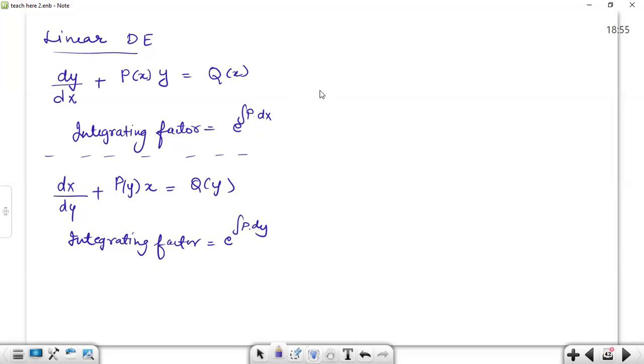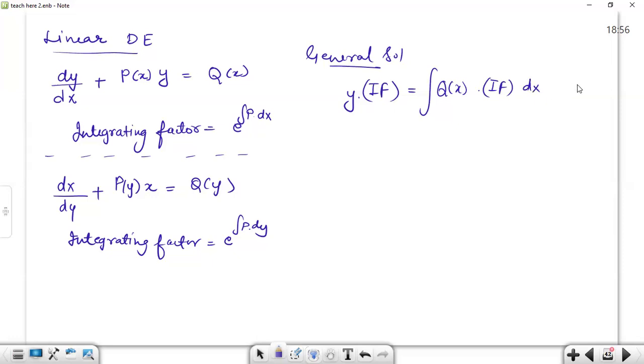Now the general solution will be y multiplied by the integrating factor equals the integration of q, which is a function of x, multiplied by the integrating factor, with the whole thing in dx form, plus c.